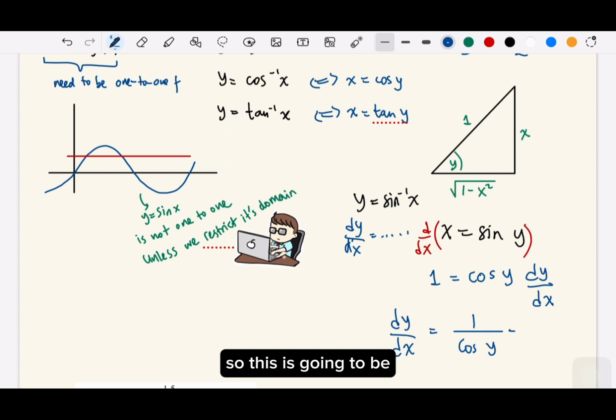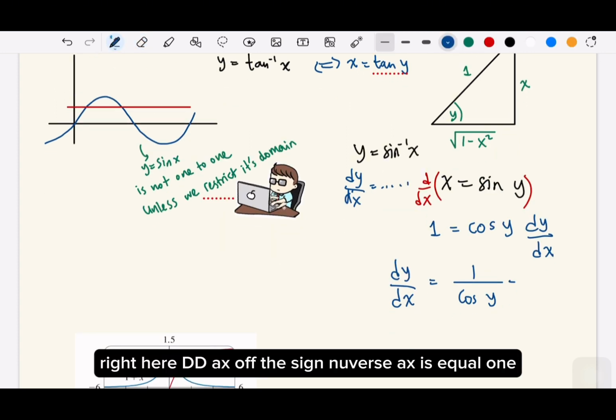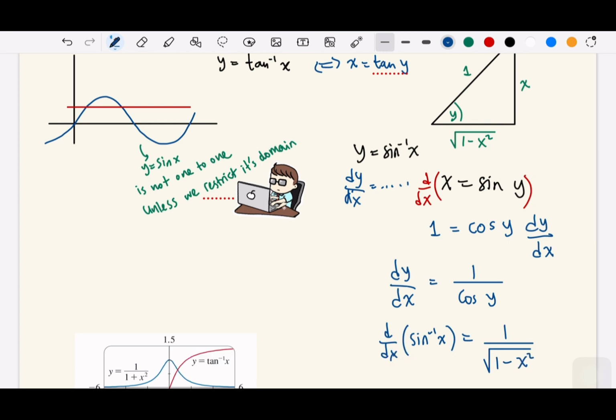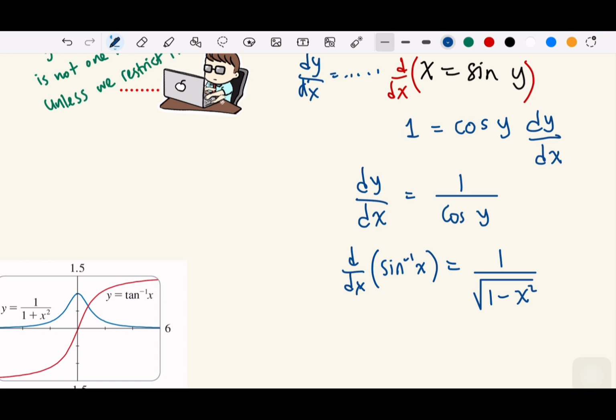So this is going to be, let me write here, d/dx of sine inverse x is equal to 1 over square root of 1 minus x squared. So that's how we get the result.